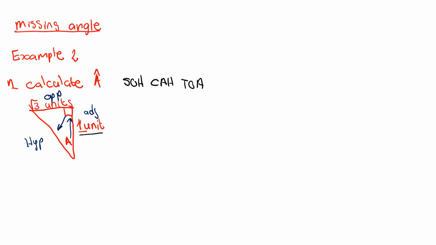So which ratio is an opposite and an adjacent? You discover that it's tan. Tan is an opposite and an adjacent. So you say tan of angle A is equals to what? Opposite over adjacent side.